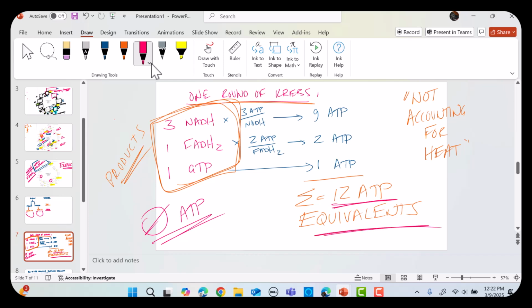Here's one of the hard things with this. One of the hard things is when you get asked how many ATP equivalents, the question has to say how many equivalents. Easy, it's equivalents. When you get asked how many ATP, we tend to say in class how many ATP, real ones. No one's going to say real ones.